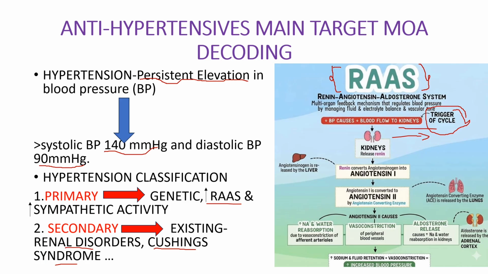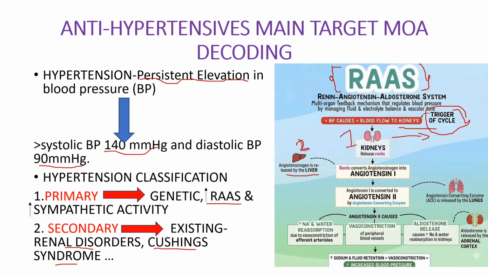So this causes the kidneys to release renin, and this renin combines with angiotensinogen, which is released by the second organ, the liver. From the liver we get angiotensinogen, and from the kidneys the renin is released.